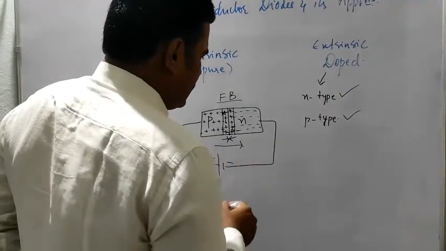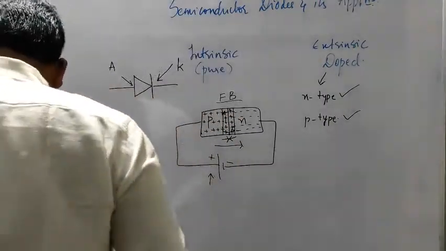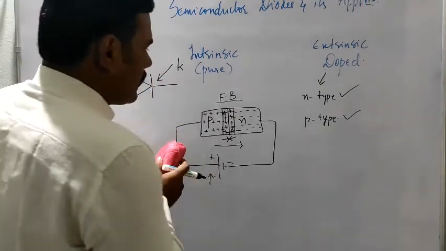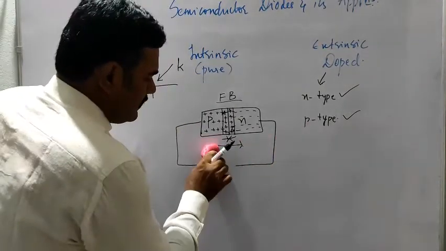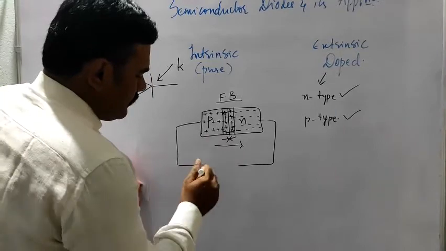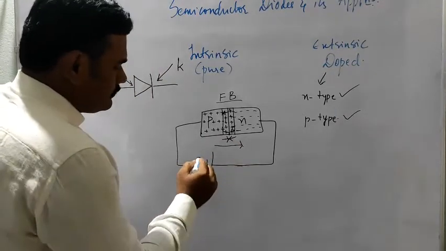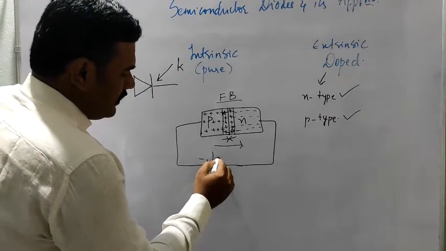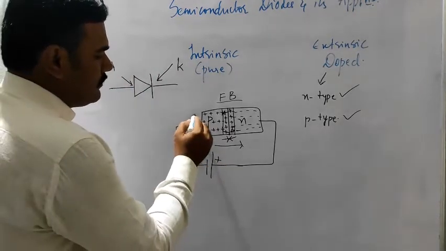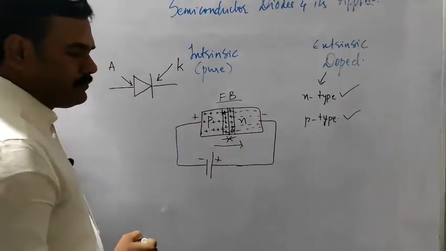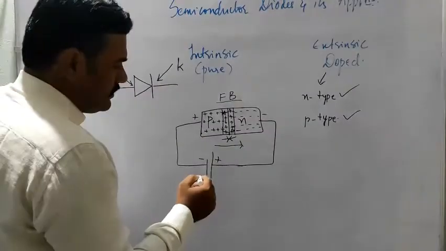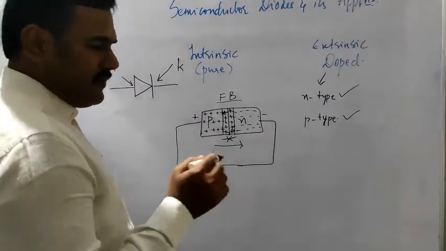In the second case, if we make the connection like this, wherein this is negative terminal and this is positive terminal, in this case, we say that this diode is reverse biased.